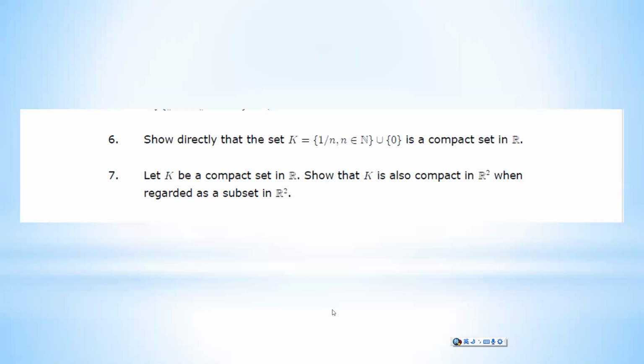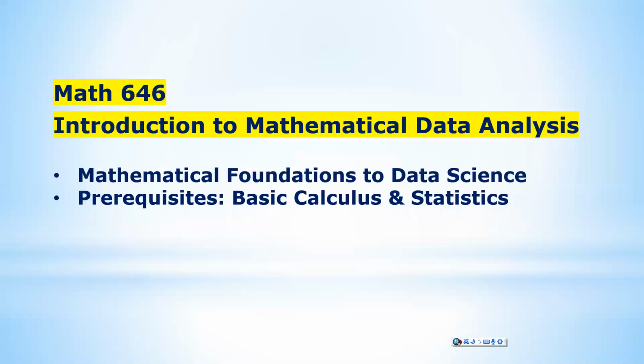Now, today there's another thing I want to ask your help with. I want to do a survey. We are trying to introduce a new 600-level class, 646, called Introduction to Mathematical Data Analysis.